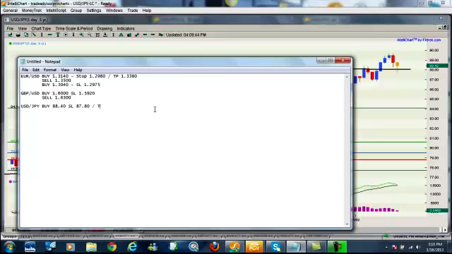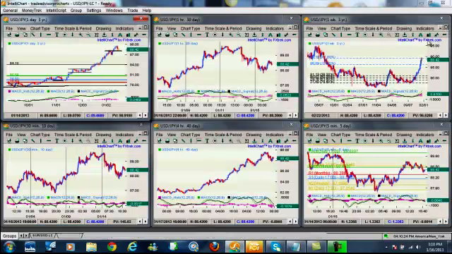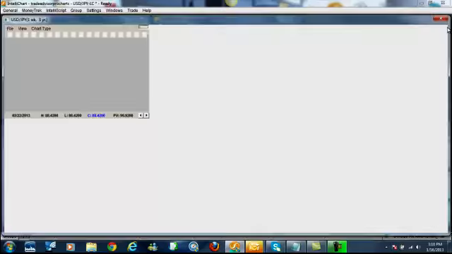Okay, my take profit is going to be 88.90. I'm at 88.80, sorry about that. We'll just round it off to the 80s, around the 88, 89. So we're talking about a 60 pip risk with a 140 pip reward. That is more than 2 to 1. That's an excellent ratio. Let's go look at the daily chart, the weekly chart on this, to make sure I'm seeing the same thing.